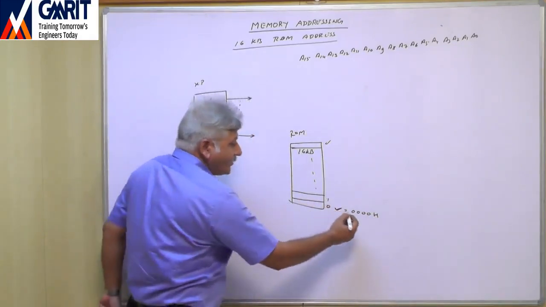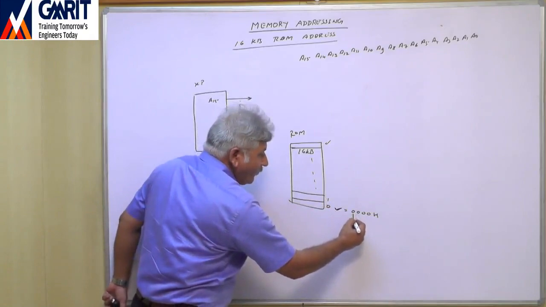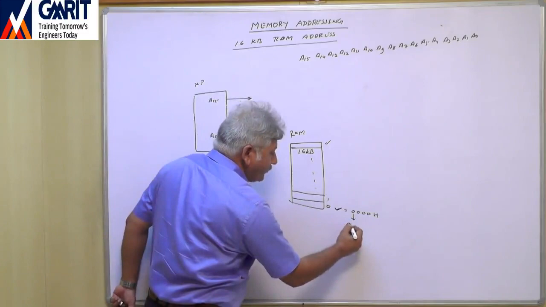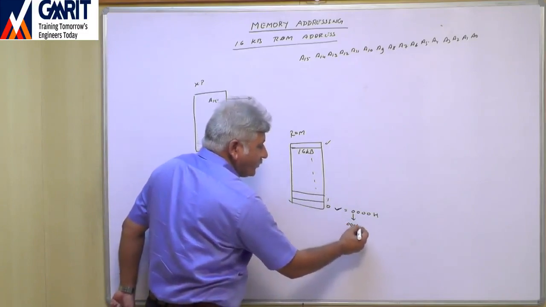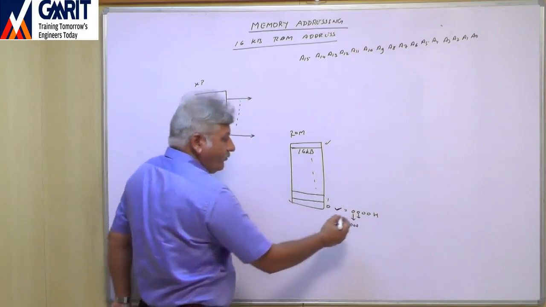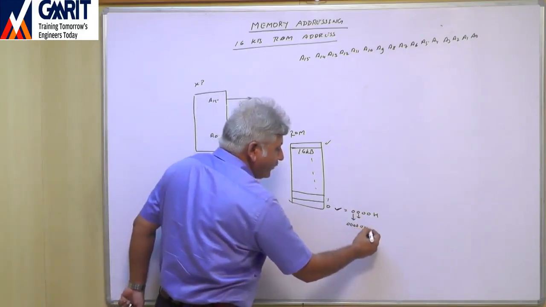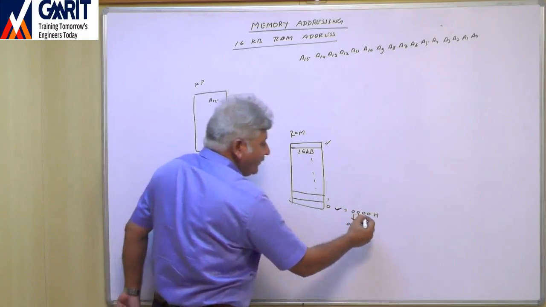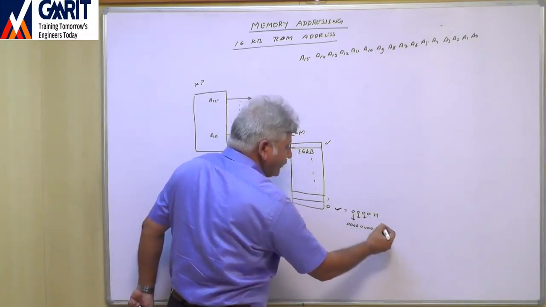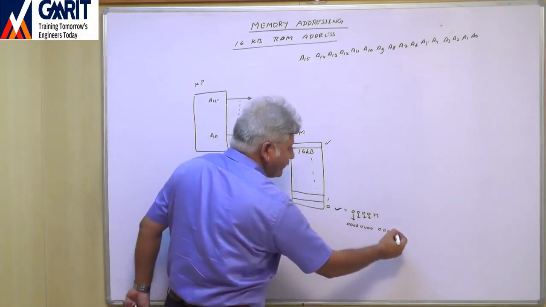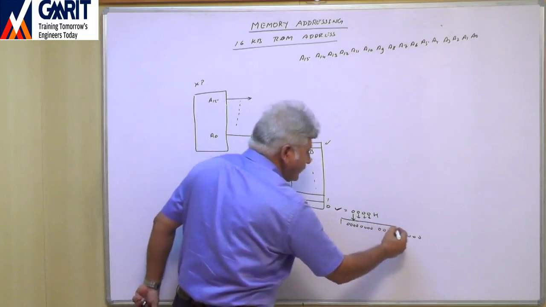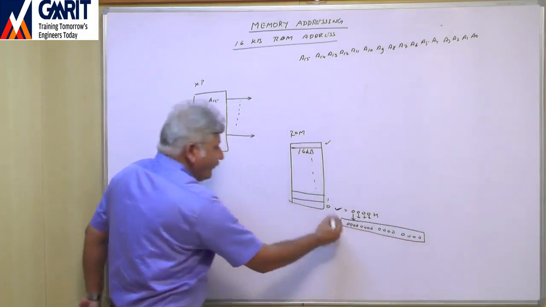Each hexadecimal 0, written in binary, is four zeros. So one hexadecimal digit is equivalent to four binary digits. Basically, this is the address of my first location.